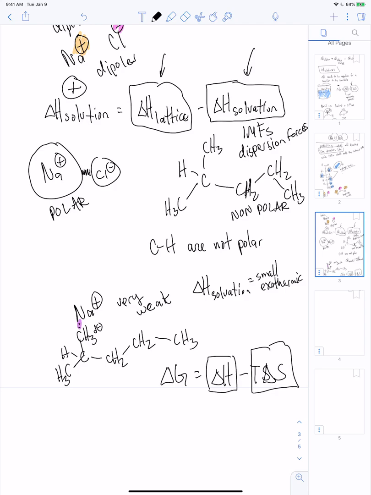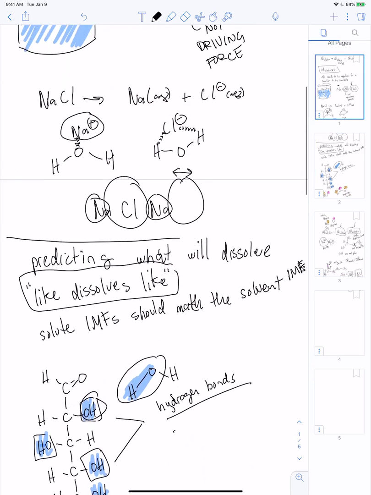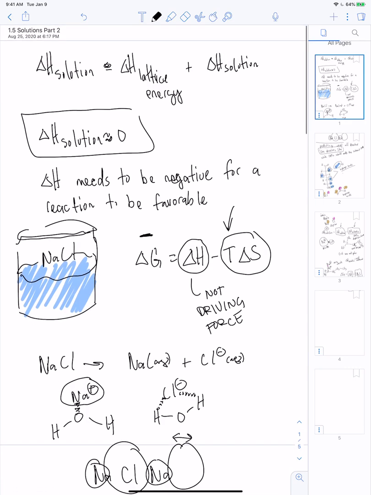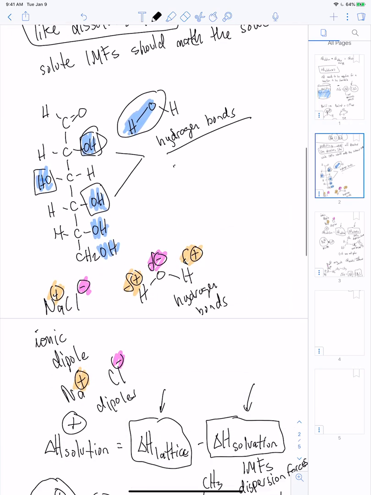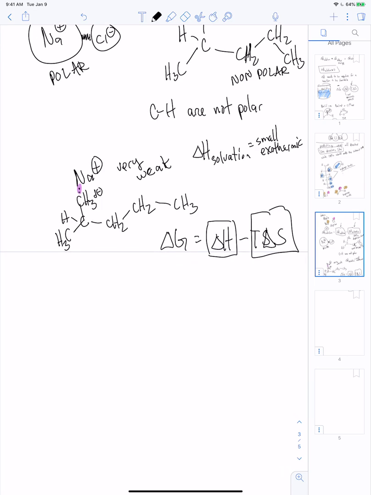So strong bonds give out a lot of energy and take a lot of energy to break. Weak bonds put out a small amount of energy when they form, and they also take much less energy to break. Okay? So that's how we think about intermolecular forces and things dissolving when you're looking at a solute and a solvent.